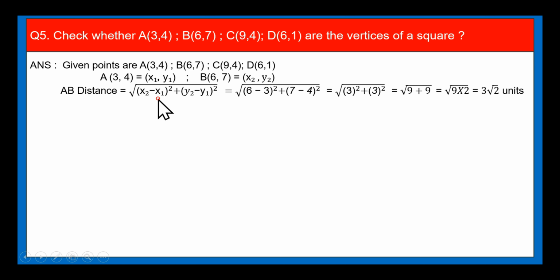And let us find the length of the second side BC. For this, take the point B (6, 7) as x1, y1, and let us take C (9, 4) as x2, y2.